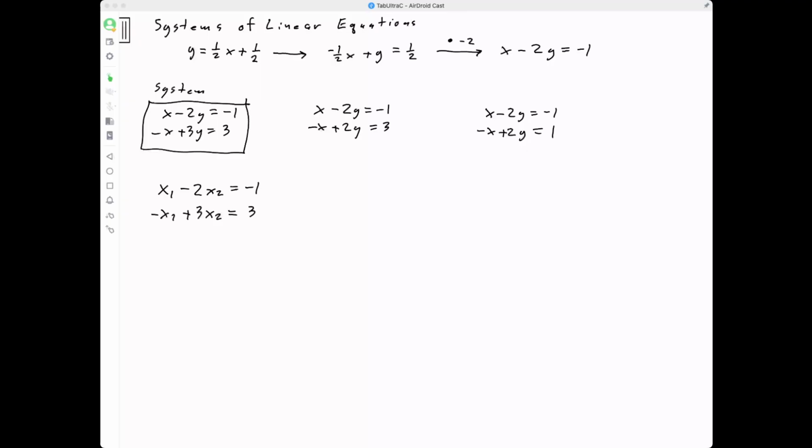And just because I want to be careful, I'm going to make sure that that is clearly a 1. Now this is the exact same system of equations. I've just replaced x with x1 and y with x2. So I've just renamed them.